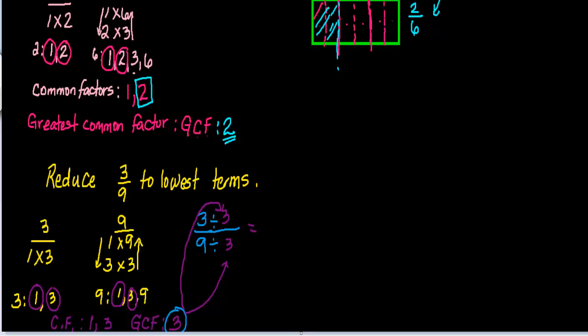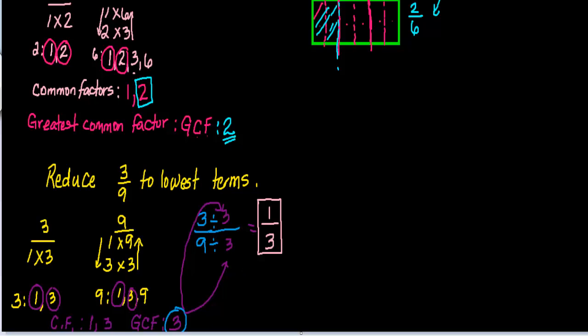In the numerator, I will get 3 divided by 3, 1, and 9 divided by 3, 3. So I've reduced the fraction to lowest terms. That means that 3/9 is the same thing as 1/3.